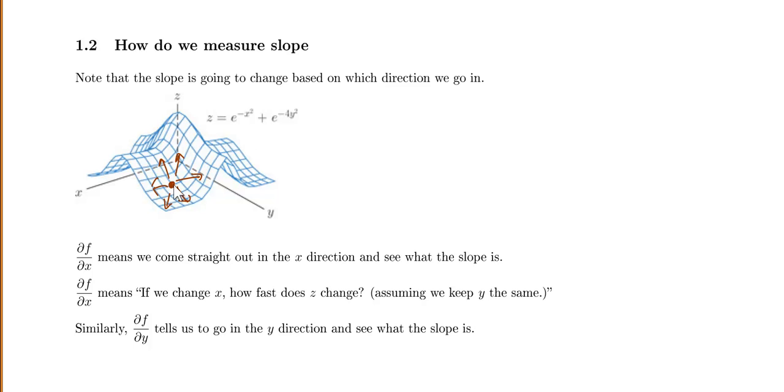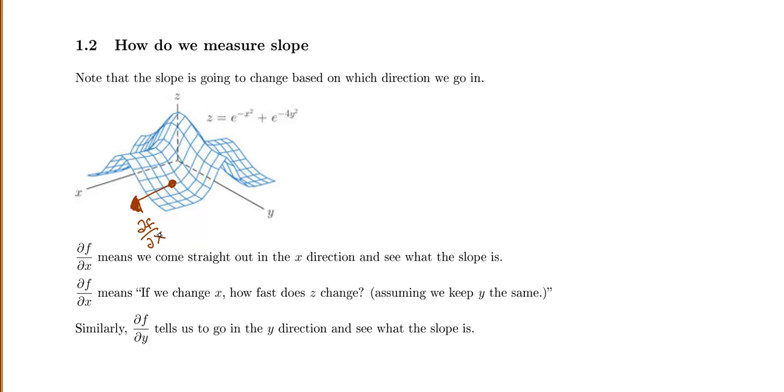So now what we're going to do is we're going to pick a point and go in just one direction. So what we might want to do is go in the x direction, so go straight out in the x direction, and that would give you one slope, and that would be the partial of f with respect to x.